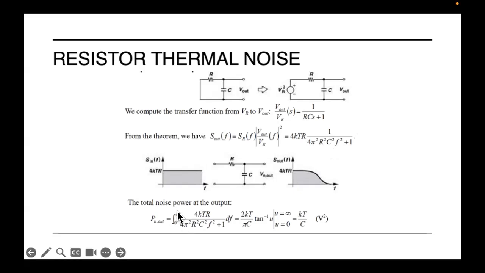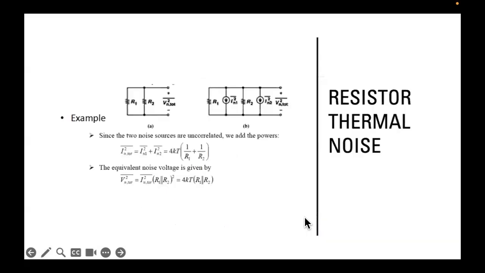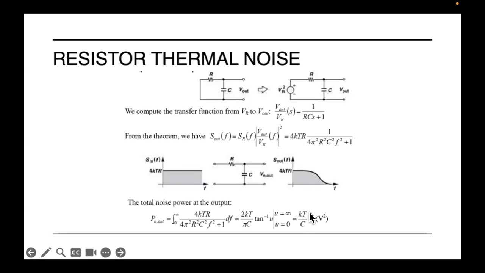And this will lead to a tan⁻¹ integration, and we can have a final analytical value of kT over C. This represents the overall power on the output side, due to the noise associated with the resistance R.